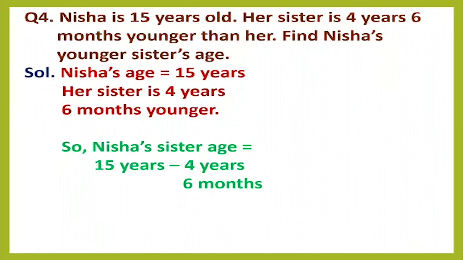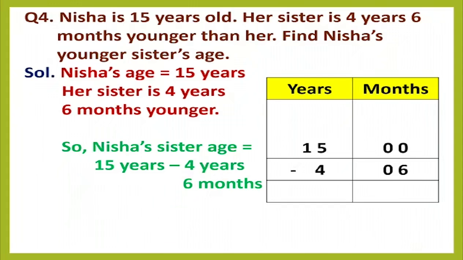Let's see how to subtract, children. We have to subtract 15 years 0 months minus 4 years 6 months. We cannot subtract 6 months from 0 months, so this 0 month will become 12 months.